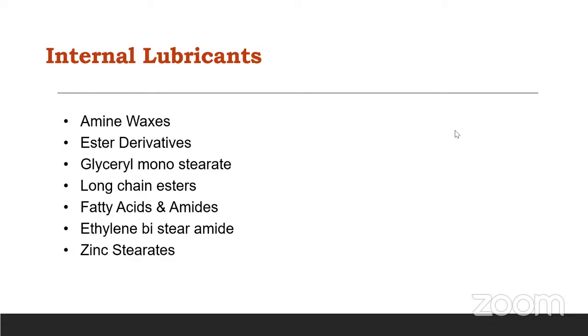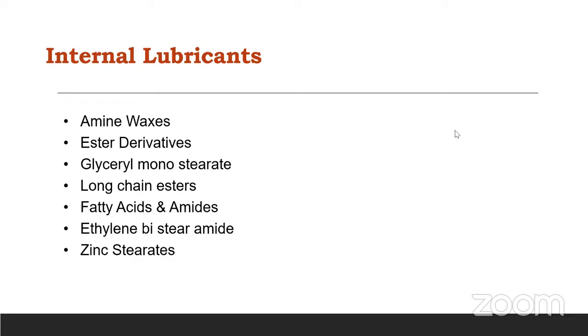These polar groups interact with polymer chains with secondary intermolecular interactions like hydrogen bonding or by inducing van der Waals forces. But these internal lubricants might not have a tendency to form a surface film on the metal surfaces.